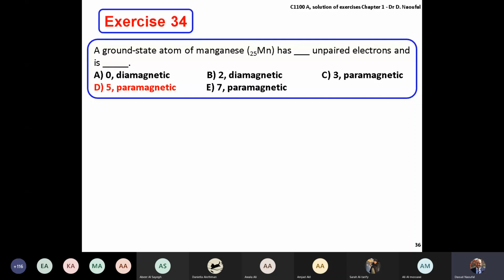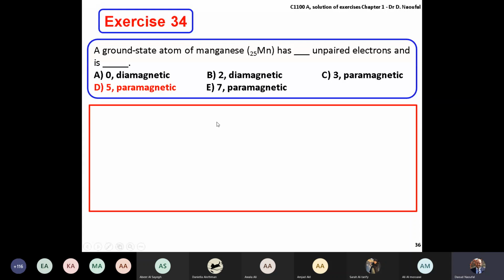We have only pairs of electrons. So unpaired and paramagnetic, this is true. Unpaired and diamagnetic, this is false.